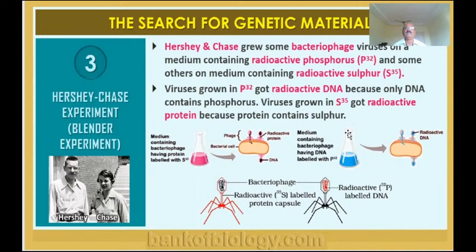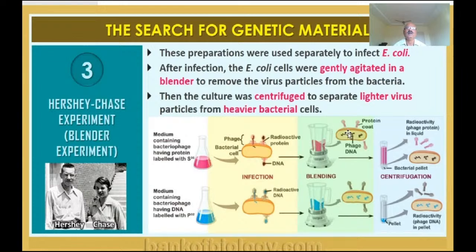Viruses grown in S35 got radioactive protein because protein contains sulfur. These preparations were used separately to infect E. coli, that means Escherichia coli.